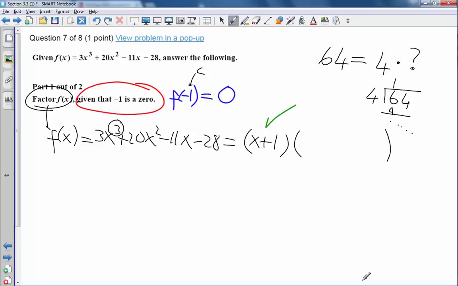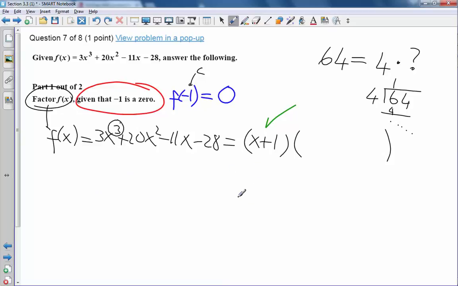And all you need to do is take this big fat polynomial and divide by x plus 1 and find it. And which division do you prefer? Which method? You learned 2 last time. Which one? Synthetic. Why not long? Because long division is long, right? So it's a long one. We don't want that.